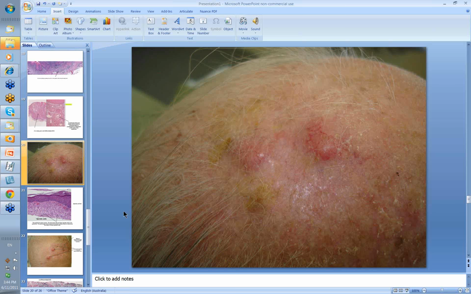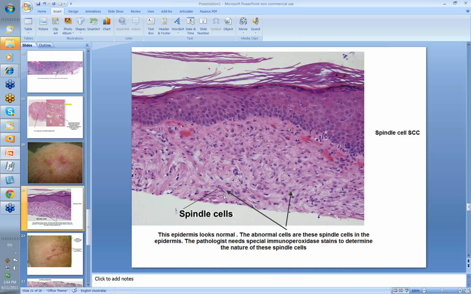When you do a biopsy of this, you may get a picture coming back like this, where the epidermis is essentially normal. So that's why you don't get an awful lot of keratinization. And you've got all these abnormal spindle cells here, hard up against the base of the epidermis. And this is a spindle cell variant of an SCC.